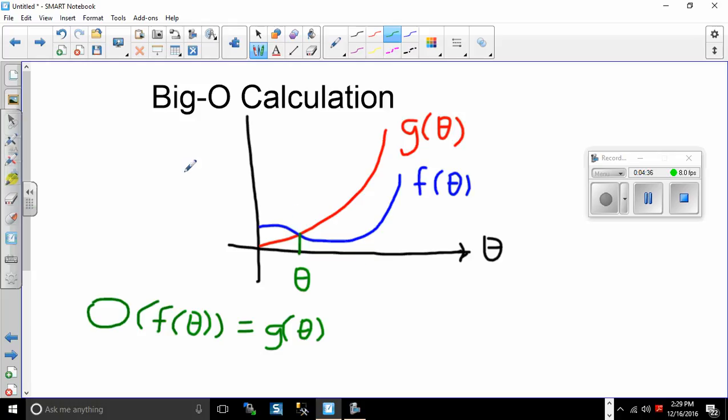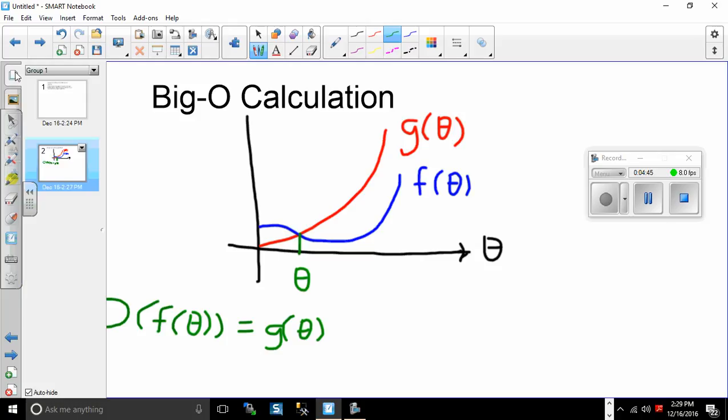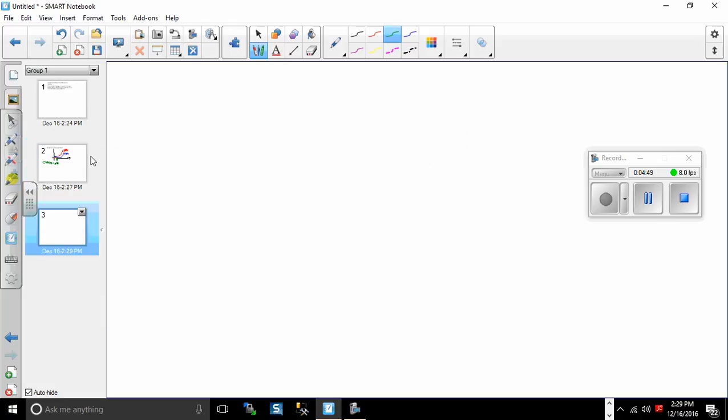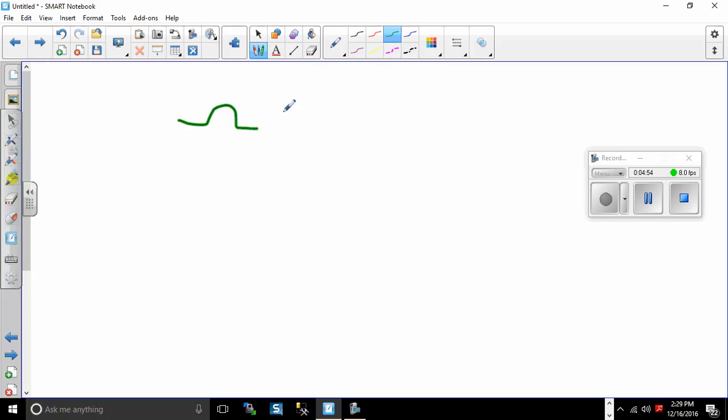Right? So the next kind of comparison we want to do when comparing the runtime performance of an algorithm is called the omega notation. So we call this omega notation. And what does this mean?